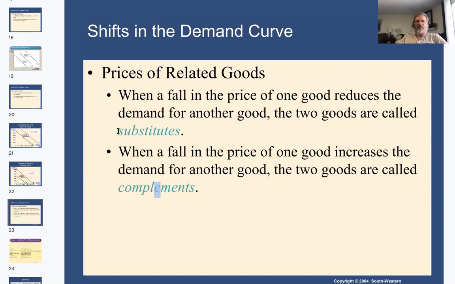But notice that it says that when you've got a fall in the price of one good, it reduces the demand for another good, right? I'll give you guys a really quick example.